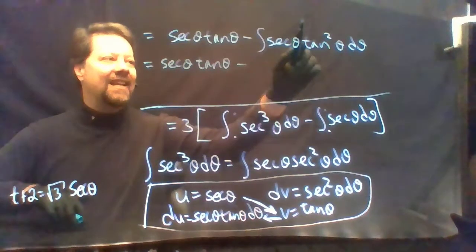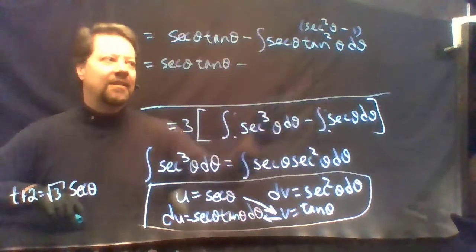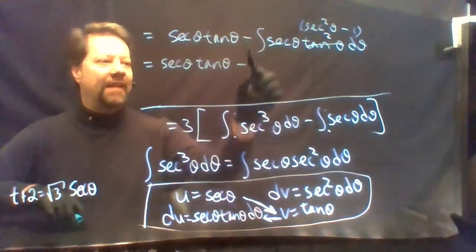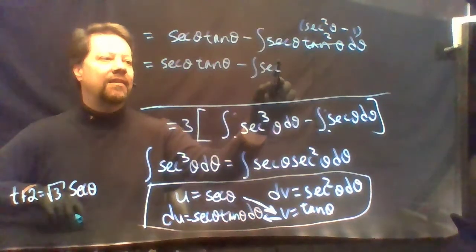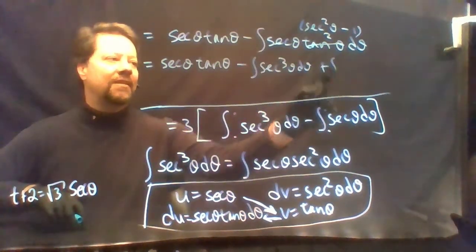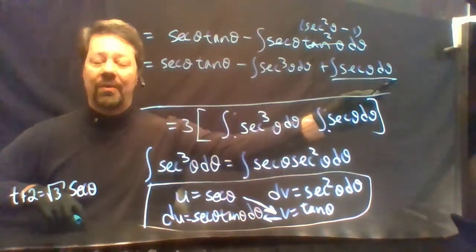Now, tangent squared theta is secant squared theta minus 1 by the Pythagorean identity. When we distribute, we'll have minus the integral of secant cubed theta, and minus minus makes plus the integral of secant theta, which we know.